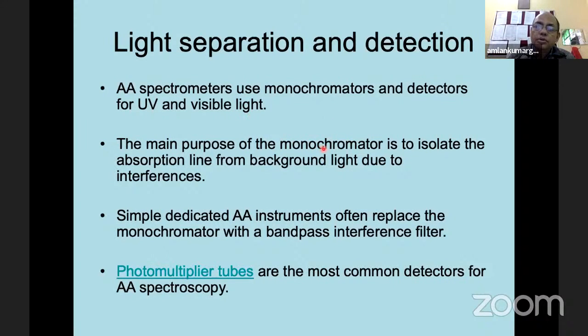I have already told you that monochromators isolate the absorption lines from the background light due to interferences. The work of the monochromator is to eliminate other radiations and allow only light of a particular wavelength to pass through.